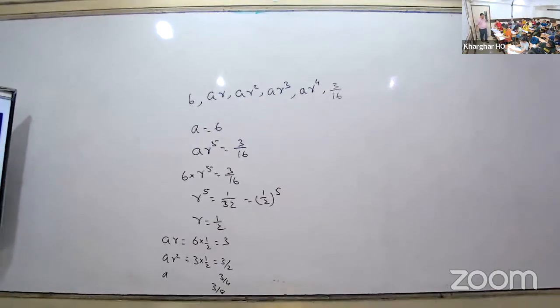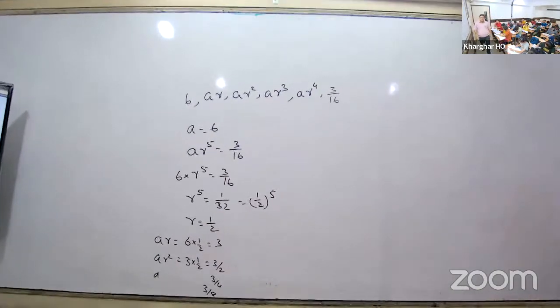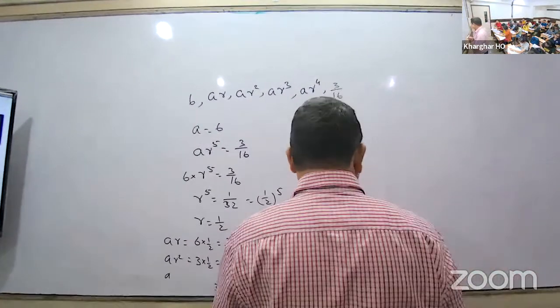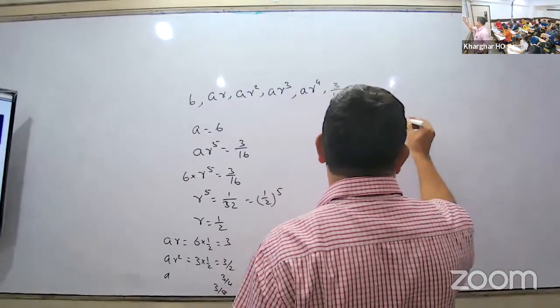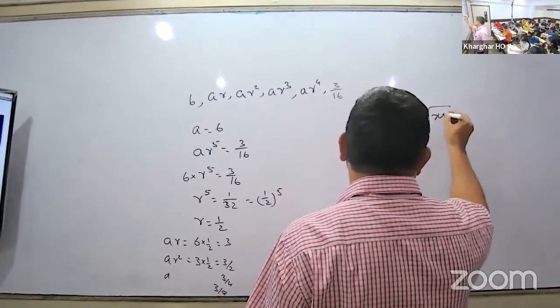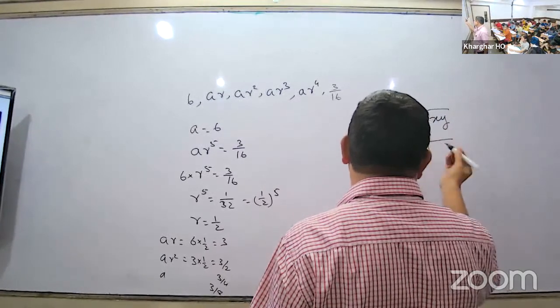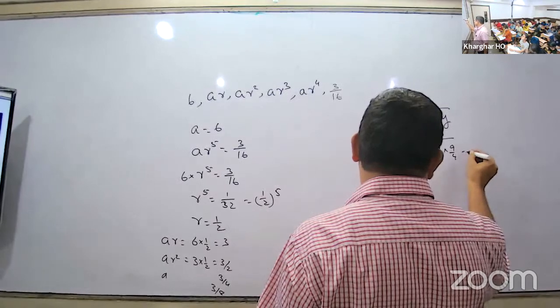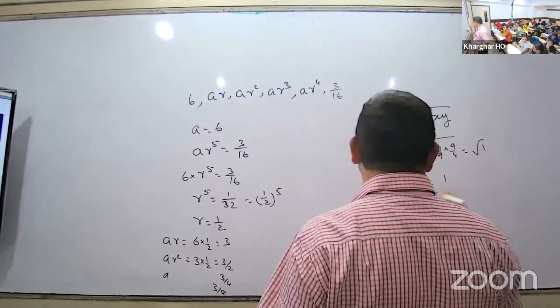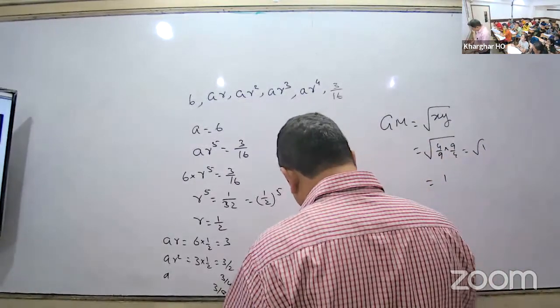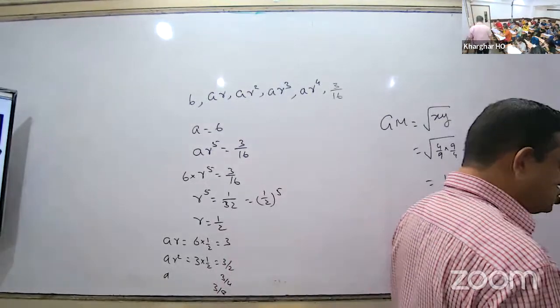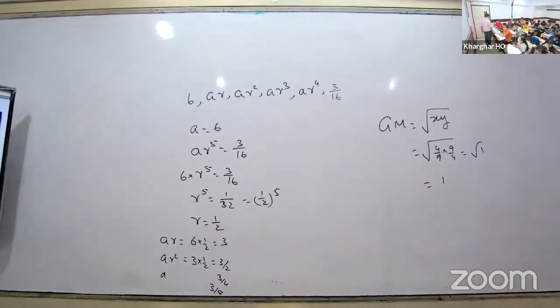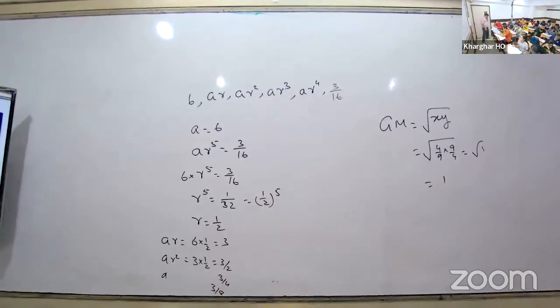So the geometric mean is root of 4 by 9 times 9 by 4, which is root 1. Generally we take the positive part, okay. If you argue, minus 1 is also correct, there is no problem.